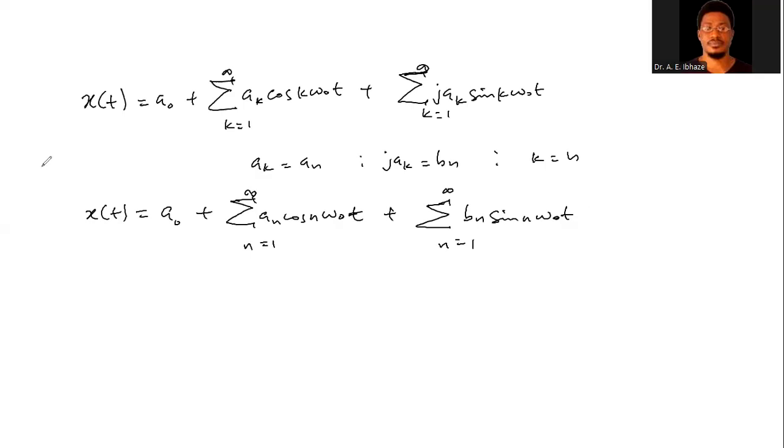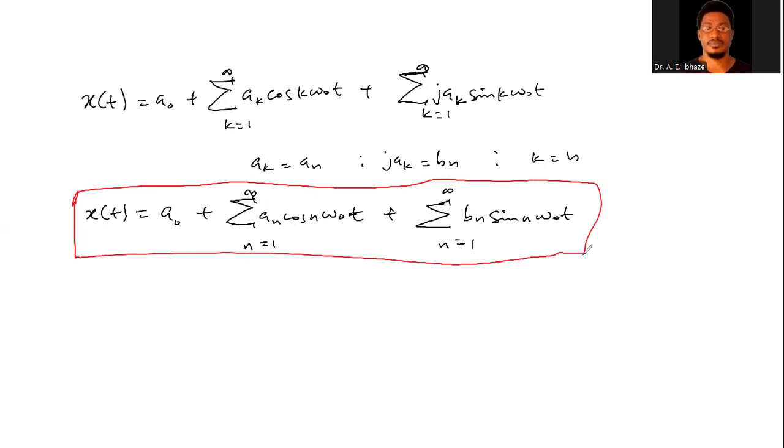This is the conventional trigonometric Fourier series. Is that okay? Is this clear, please?